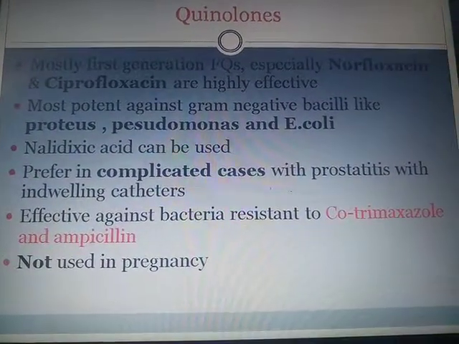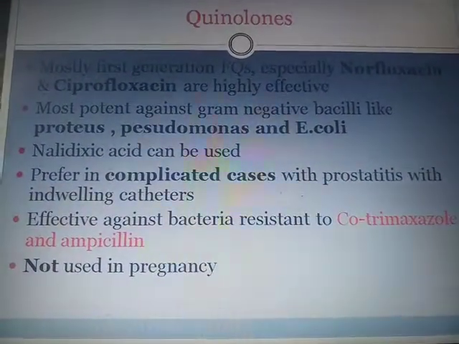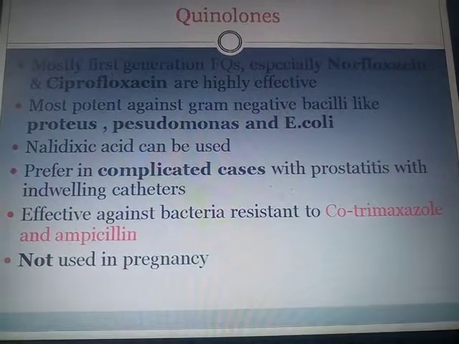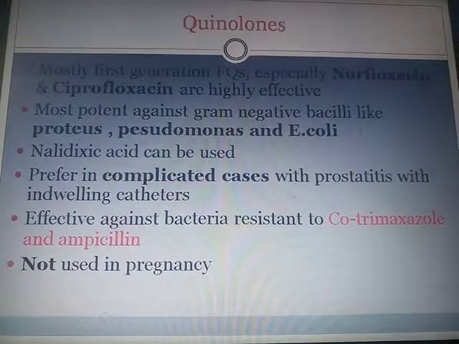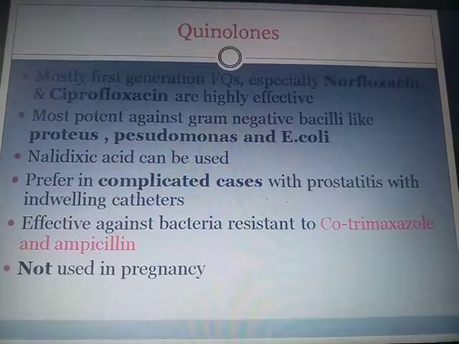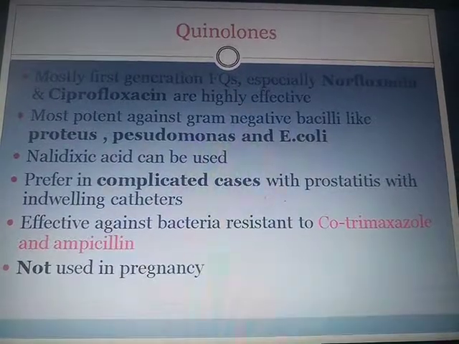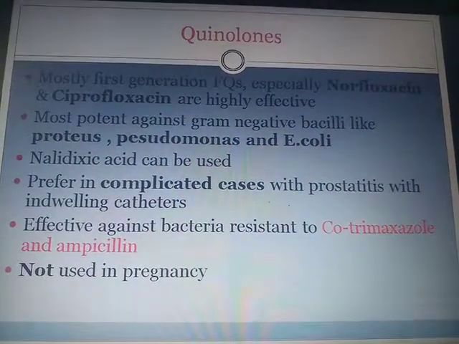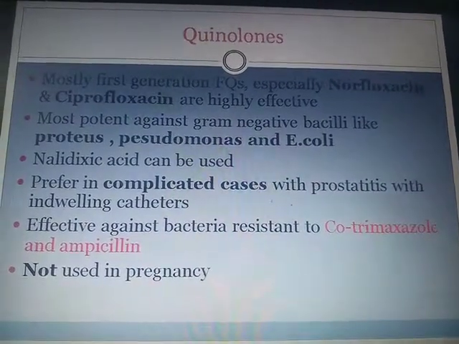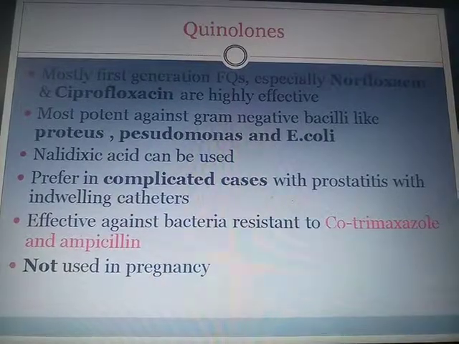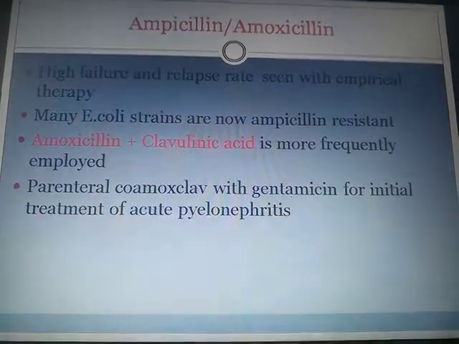It is preferred in complicated cases also, such as prostatitis and indwelling catheters. It is effective against bacteria resistant to cotrimoxazole and ampicillin, and quinolones are also not used in pregnancy.